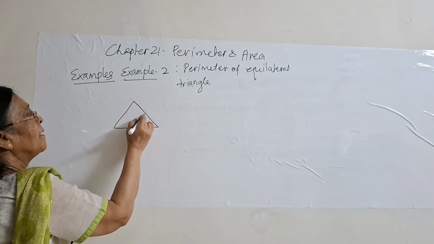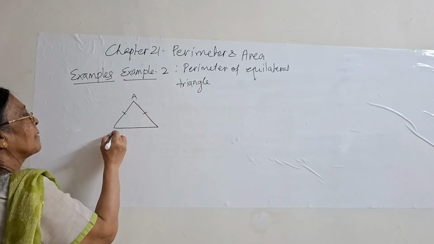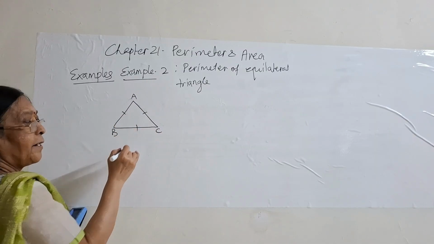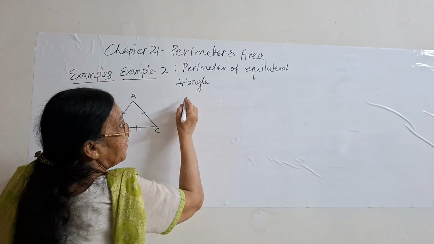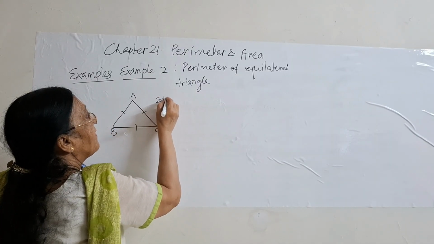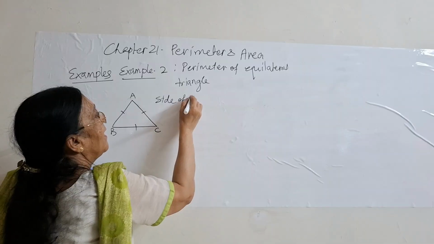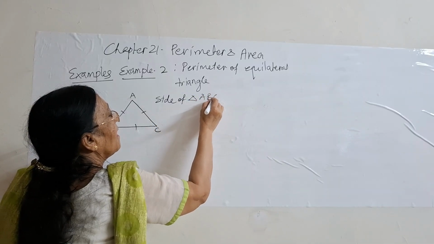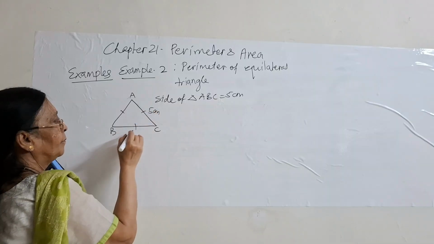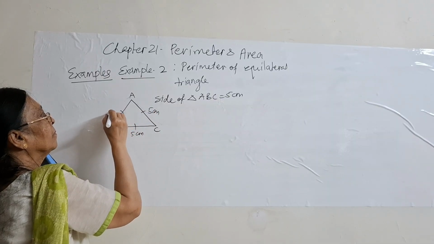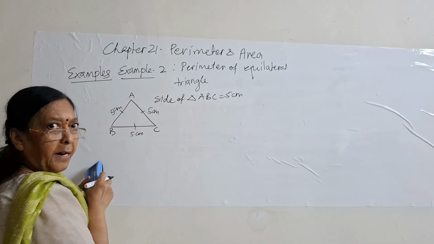So this is ABC, suppose. It is an equilateral triangle. So we are given the side of that triangle. Side of triangle ABC equals 5 centimeters. So all the sides are equal.